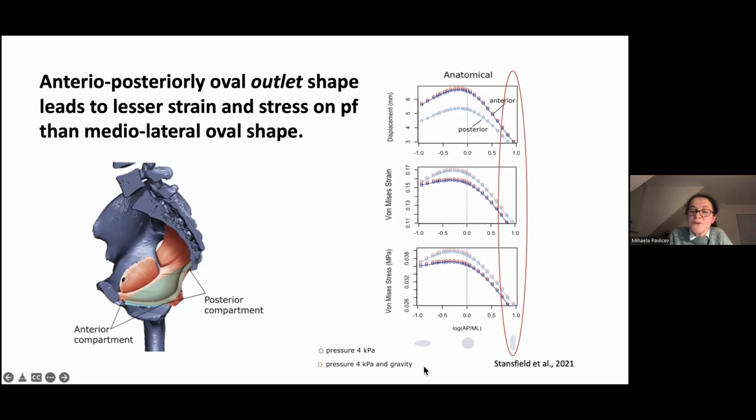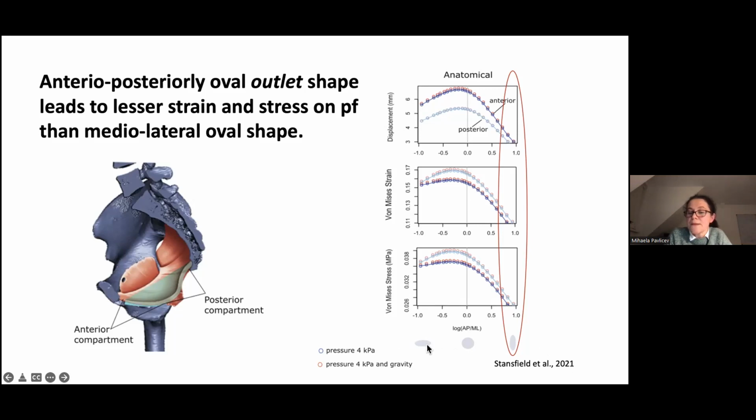And I'm showing you here only a small part of the results, for different shapes of the outlet.